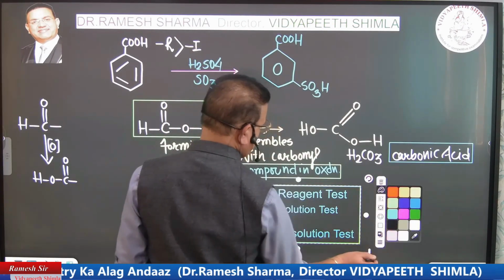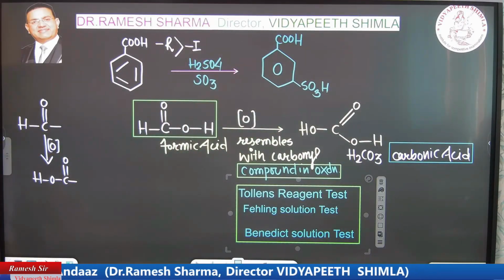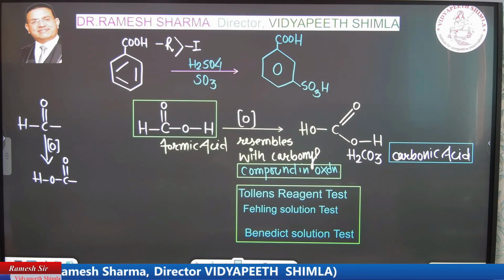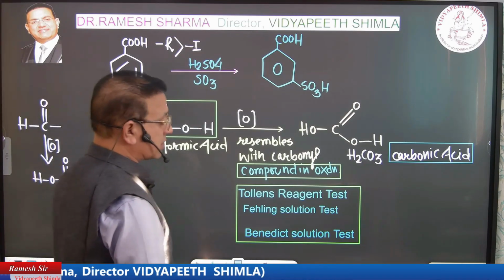This gives indication of how it resembles carbonyl compounds in its oxidation behavior.